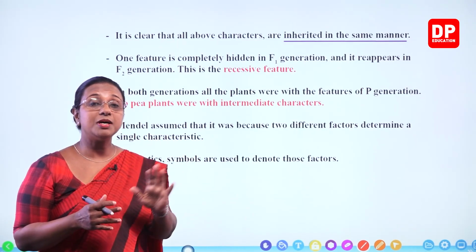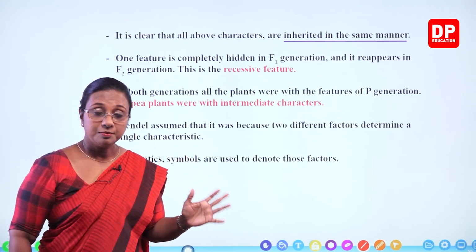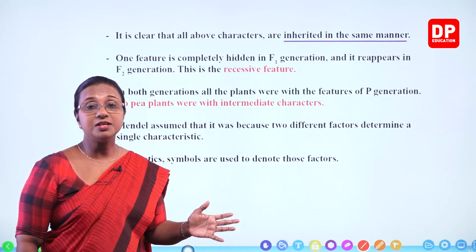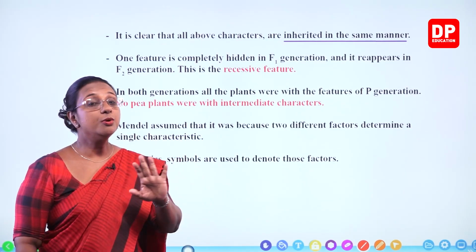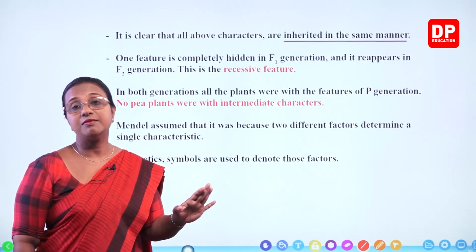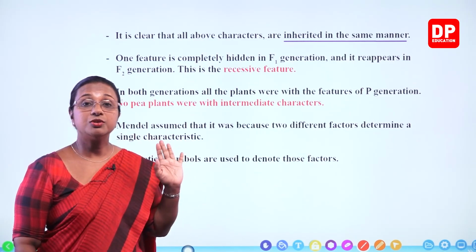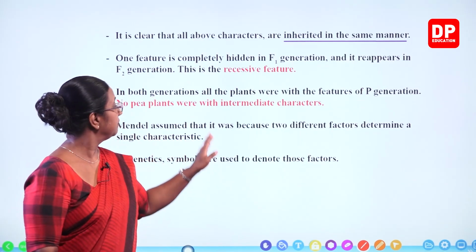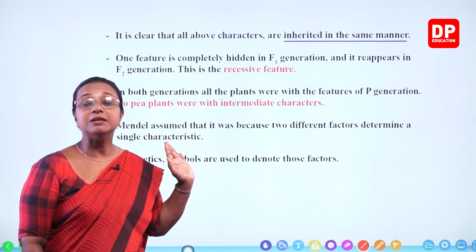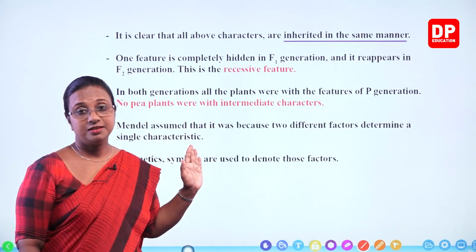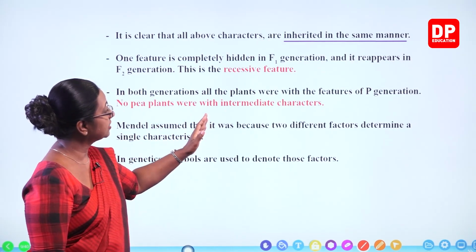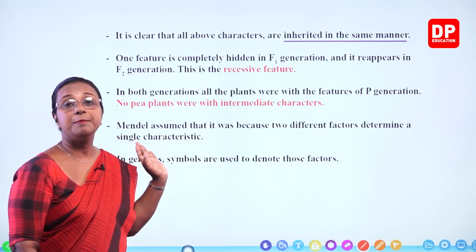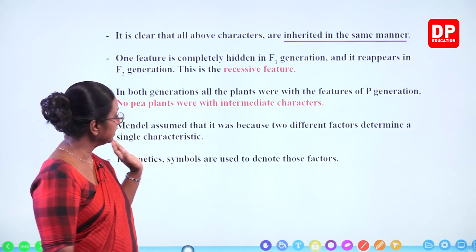Same goes for white and purple flowers. Parents have white and purple flowers. You get purple flowers in the first generation. Again purple and white flowers in the second generation. No light purple or pink flowers were formed. So characters were not mixed. We did not get any intermediate characters. So in both generations, all the plants were with the features of parent generation, that is P generation.